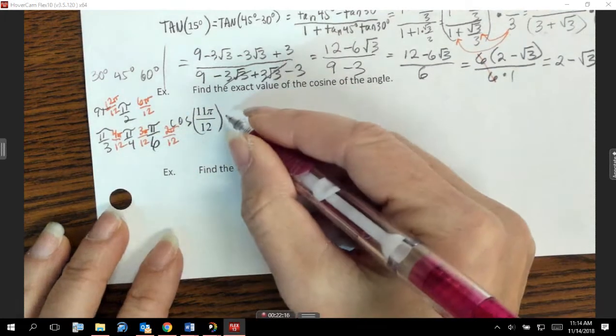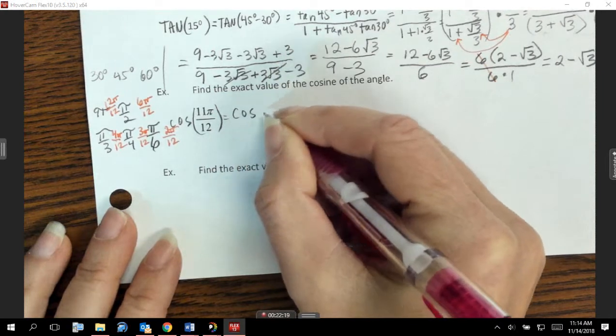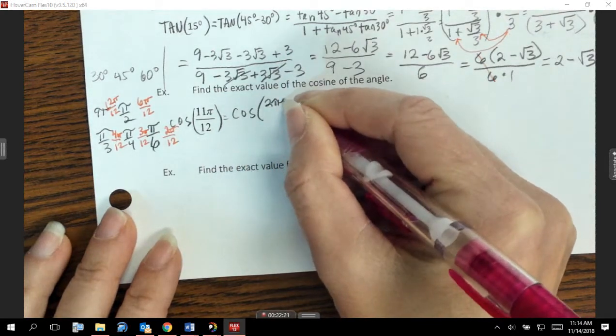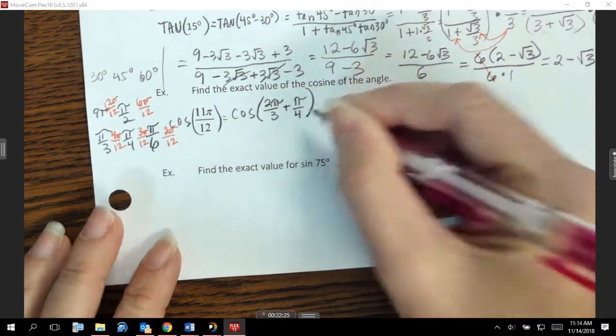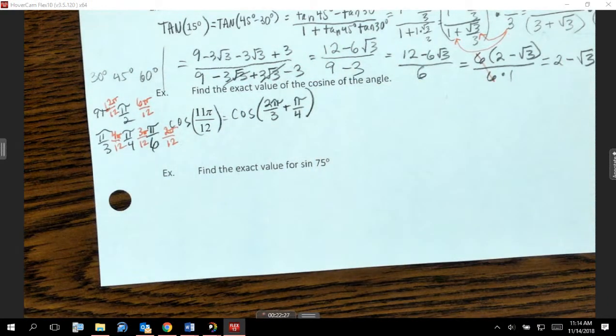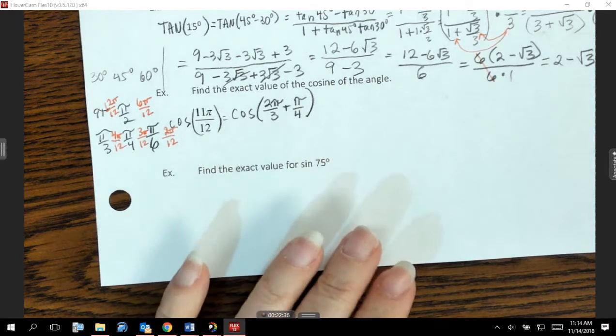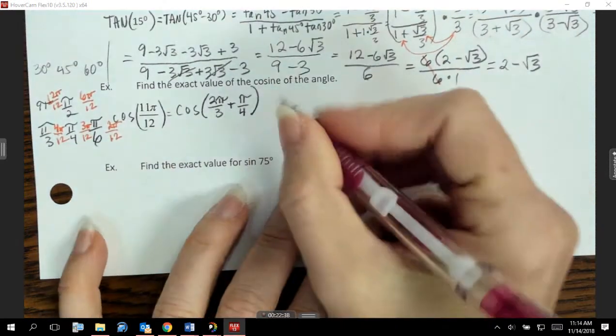So we're going to be adding. We're going to take cosine of 2 pi over 3 plus pi over 4. That is probably not the only way you could do it. But that's what we came up with first, so we're going with it. So now we use the cosine formula that is available to you on this sheet.